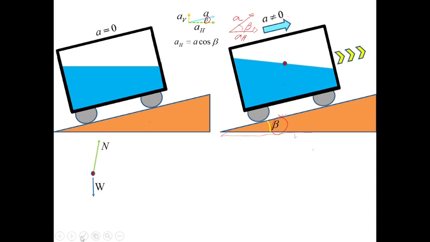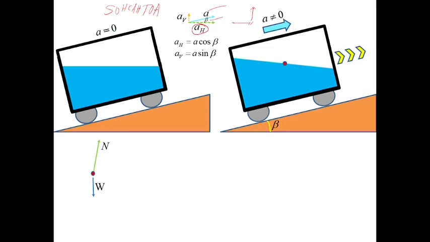Alright? So, we can now proceed. Take note. Okay. So, ang AH, basta given yung acceleration at saka yung beta. So, hypotenuse, A, and beta angle, no? Kasi ganyan yan.